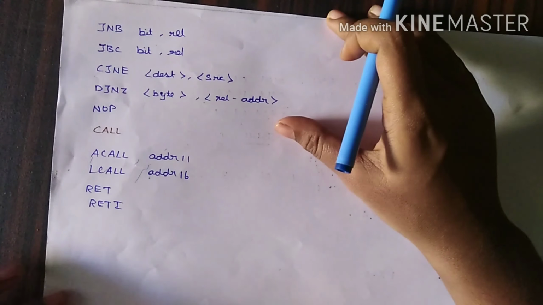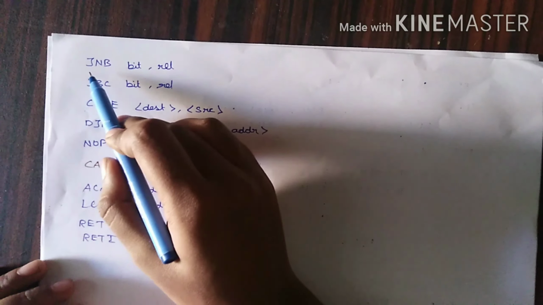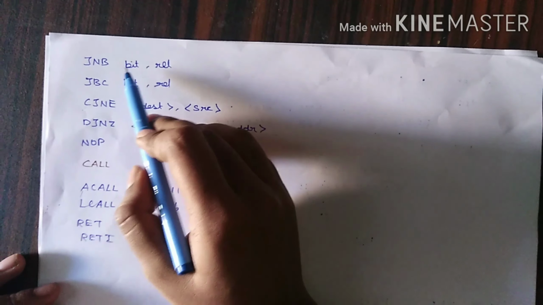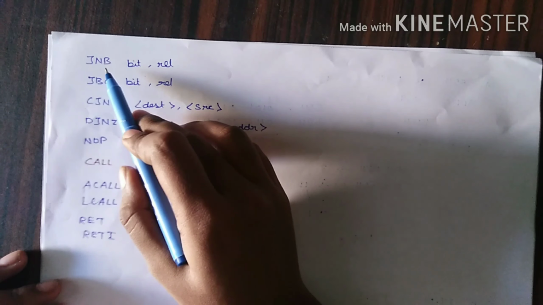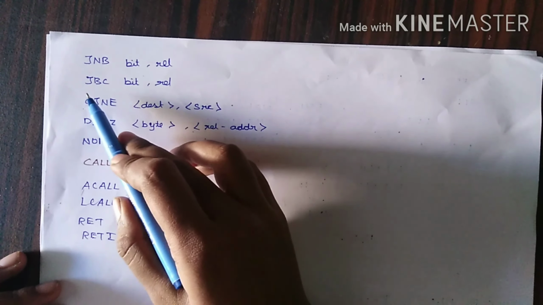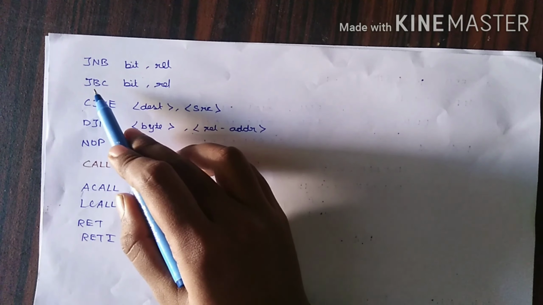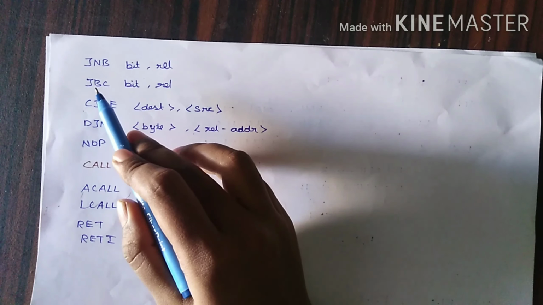And these are the next instructions. Here we have JNB bit comma relative address. If this bit is not set, then the jump will happen here. And here we have JBC bit comma relative address.